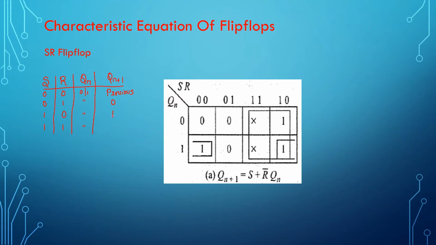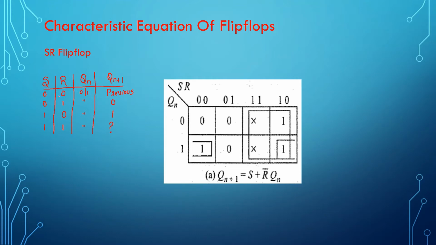Suppose you give the input as 1 and 1, no matter what data is stored in the flip-flop, my flip-flop is going to exhibit an undefined state. This is called an undefined state, or you can call it an illegal state also. So this is the general truth table of an SR flip-flop that we studied in the previous video sessions or in the previous part of the module.